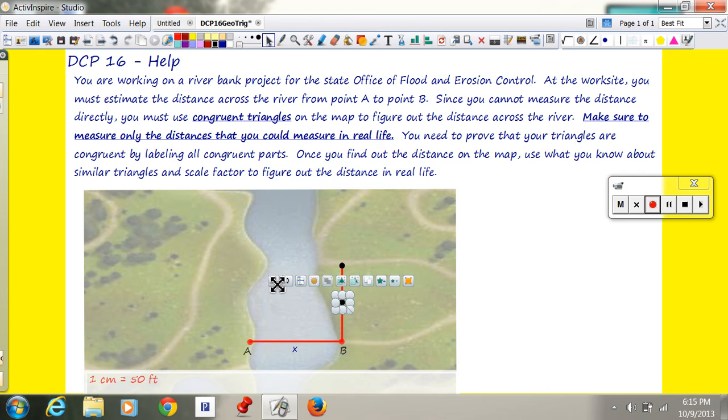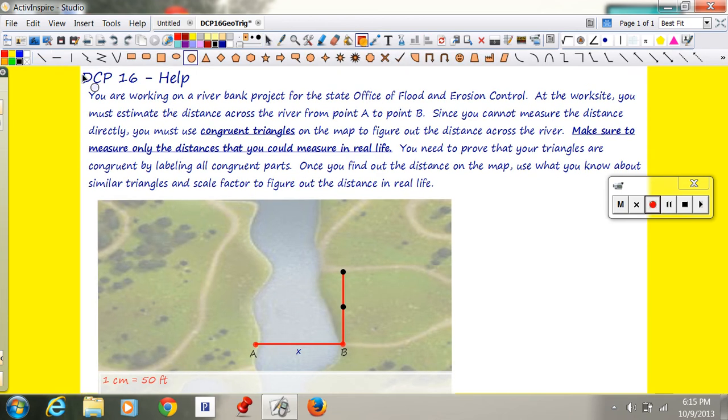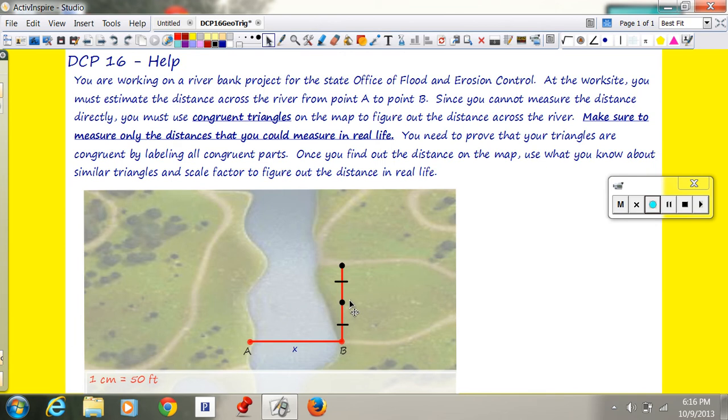So you need a point that's in the center. Whatever distance you want to make it, if you make it 2 centimeters, then you can cut it in half, and 1 centimeter and 1 centimeter would be the exact halfway point. But you need to have 2 equal pieces here.